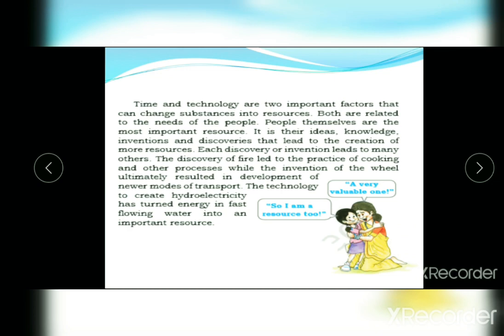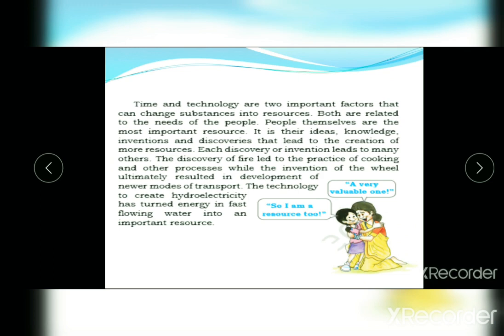People themselves are the most important resource, as we've read right now that the invention of one thing leads to invention of other things. As we are resources, we have new ideas of creation of new things, our knowledge, invention, and discoveries that lead to creation of more resources.